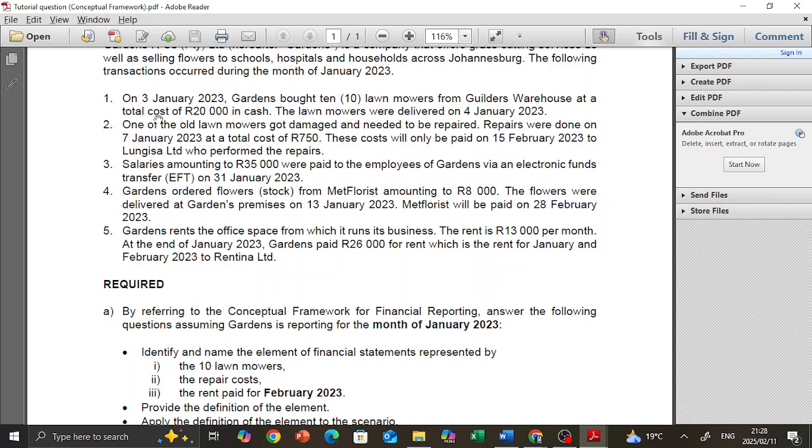One of the old lawnmowers got damaged and needed to be repaired. Repairs were done on 7 January at a total cost of 750. These costs will only be paid on 15 February to Lungisa Ltd. But this has to be a liability, guys.